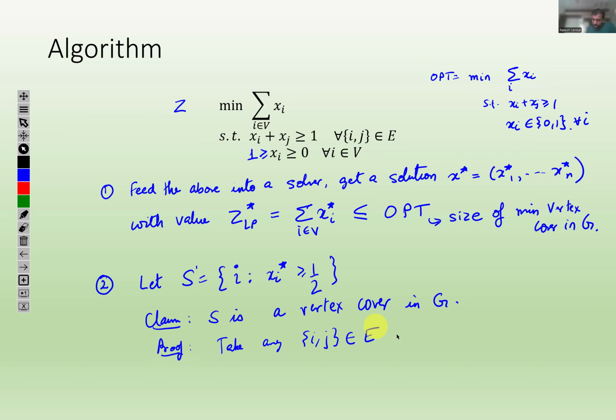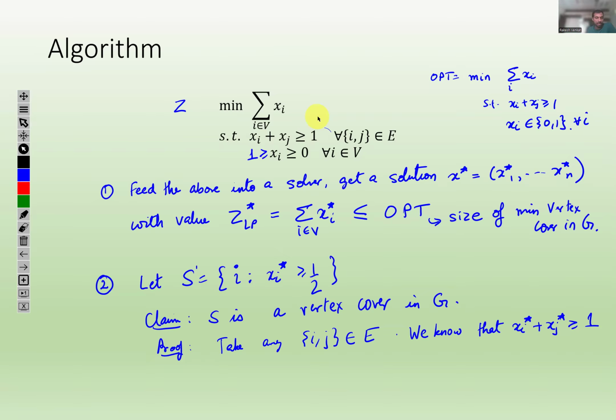Why? We know that xi star plus xj star is greater than or equal to 1, because the optimal solution did satisfy this constraint for all edges.